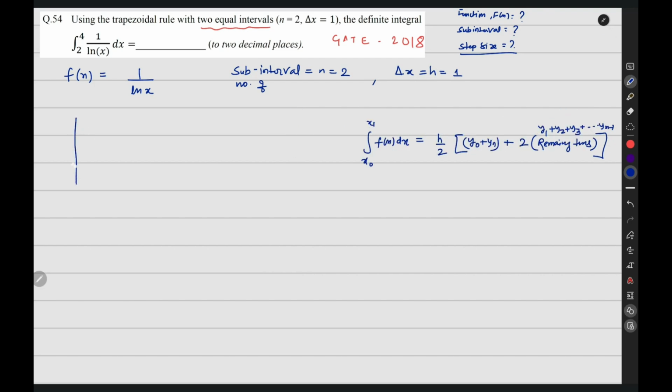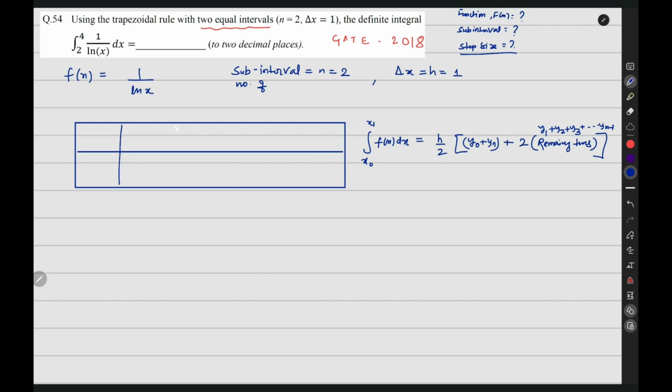Now we will draw the table. We will write x, y. X should start from the lower limit, that is 2, and should increase by the step size h, that is 3, again that is 4, the upper limit.